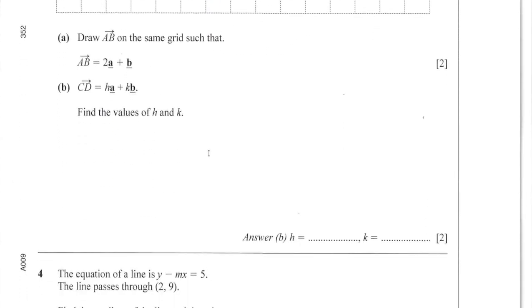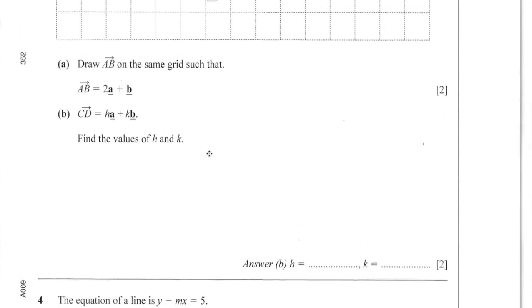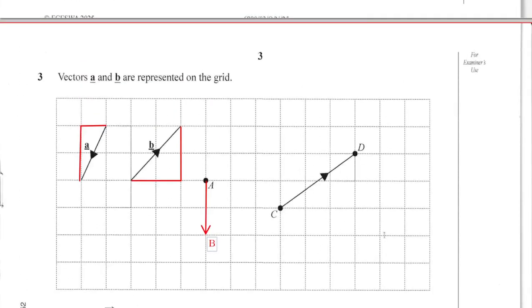Now we need to find CD. Let's find CD. From what is given here, we can see vector CD moving horizontally first. How many units? 1, 2, 3 units.